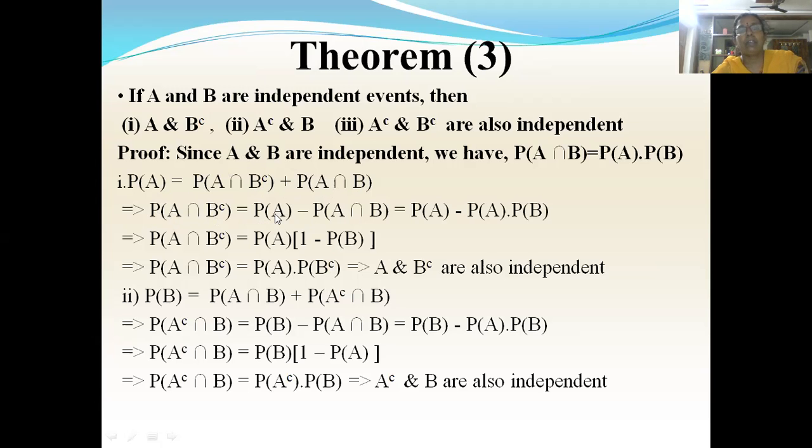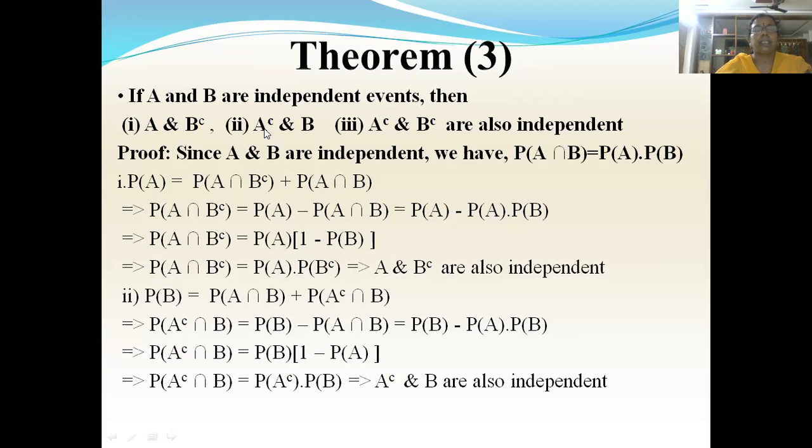Now since A and B are independent events, this P of A intersection B, I can write as P of A into P of B. So here you'll get P of A minus P of A into P of B. Now in these two I have a common term P of A. So I am taking common P of A, I'll get 1 minus P of B. So P of A intersection B complement is P of A into 1 minus P of B, which is nothing but P of B complement. So here we got P of A intersection B complement is equal to P of A into P of B complement. It implies what? A and B complement are also independent.